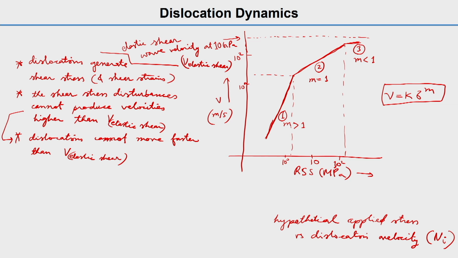Now coming to these three regions, why is this for the nickel alloy? As I told you, this is for nickel. Although it is a hypothetical one, the trend is similar. These three regions represent three different mechanisms of plastic deformation.